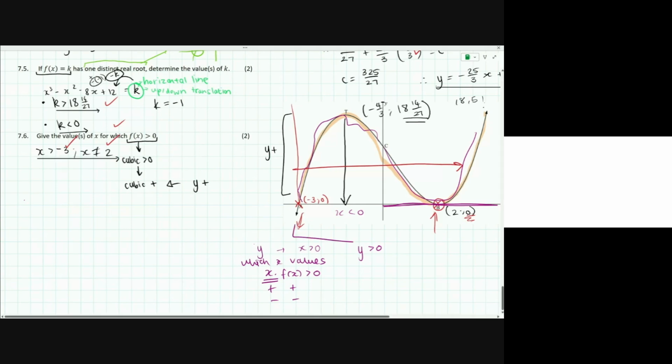So if we look on this side of our function, x is negative, y is positive, that's not going to work. But here, x is positive, y is positive, so it would be all of these values for x, except for my x-intercept. So we can kind of ask it like that in an inequality, but we never really ask for which values of y. I've never seen it asked.